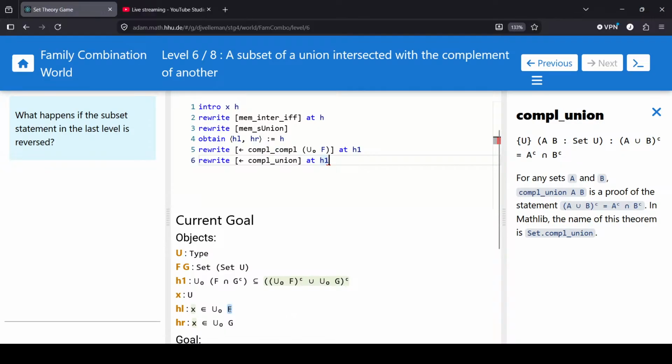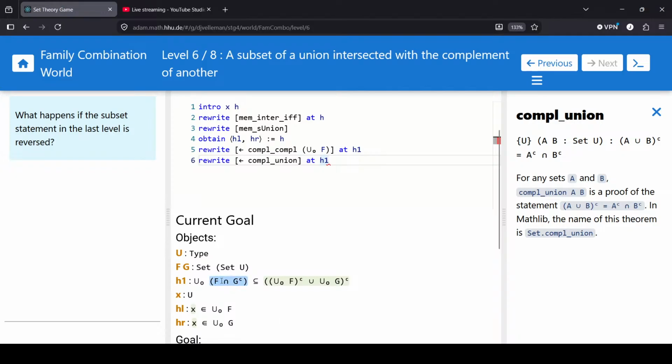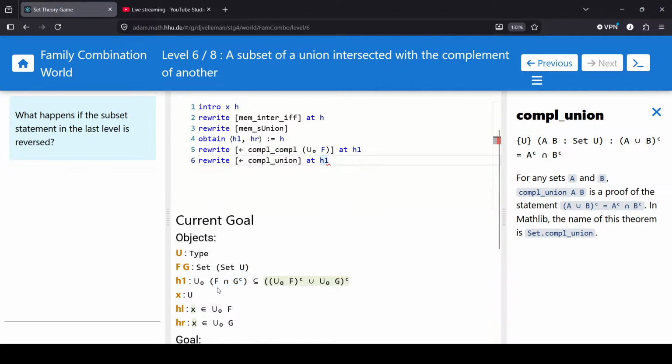Because if I intersect F with G's complement, I get a portion of F. And we know that X is in the union of everything in F.